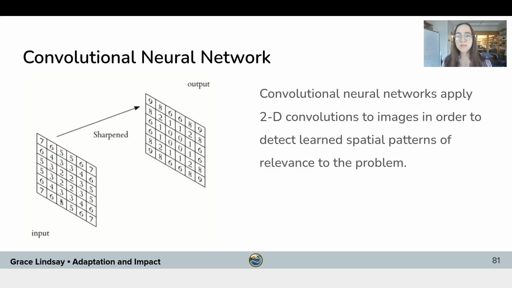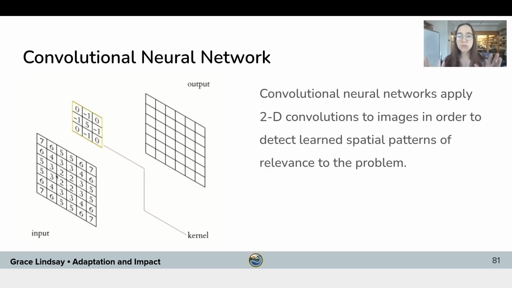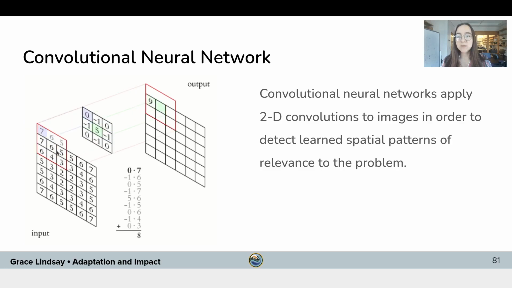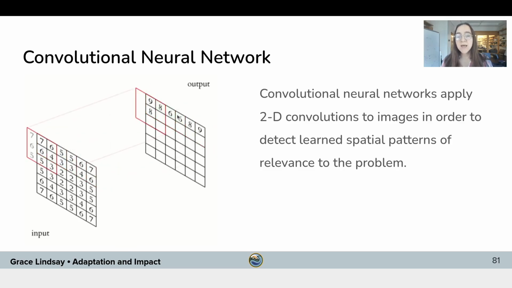So if this represented temperature across the globe at a certain year, to get the activity of the artificial neuron in the next layer, you would multiply each number with its location in the input image and then add them all up, and that gives you the value of the output for the next layer.